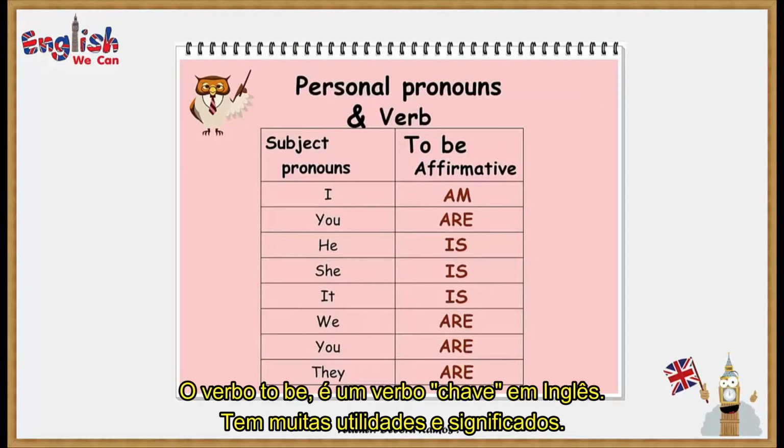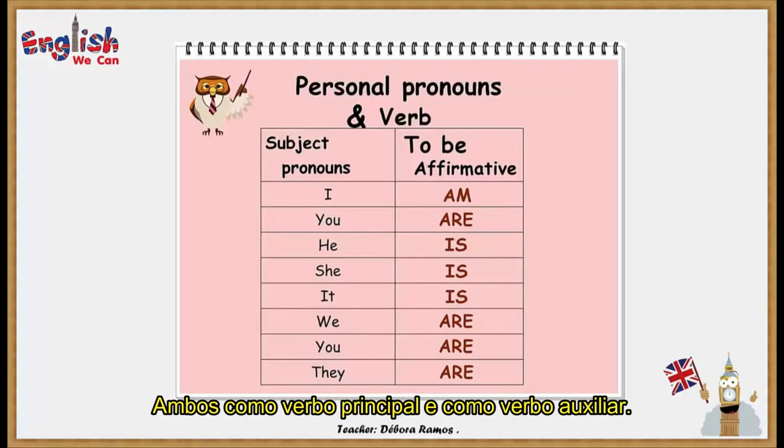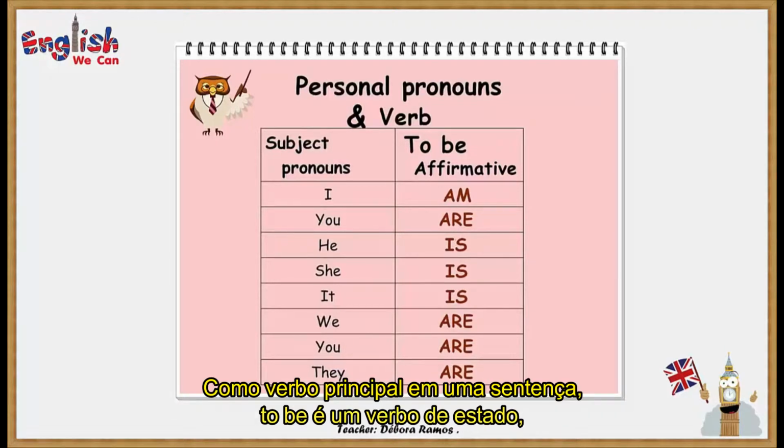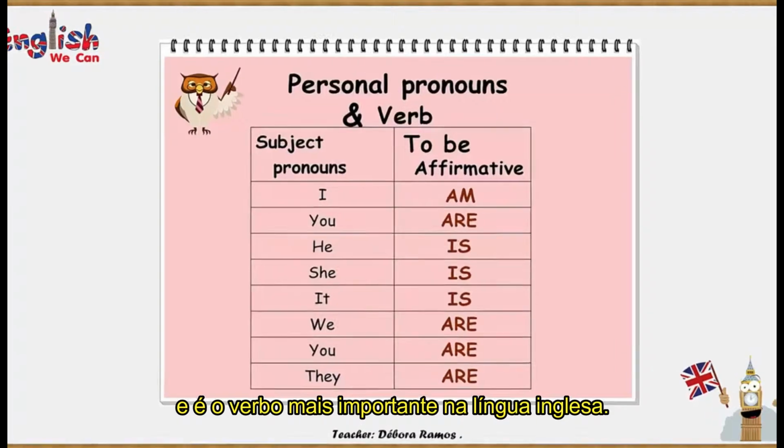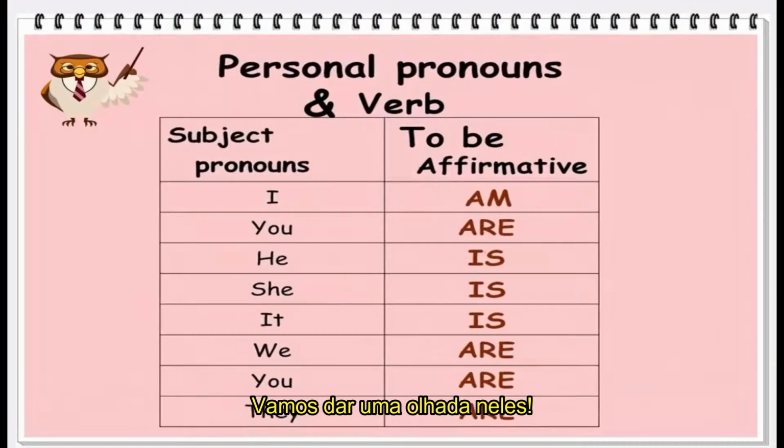The verb to be is a key verb in English. It has many usages and meanings, both as a main verb and as an auxiliary verb. As a main verb in a sentence, to be is a stative verb and is the most important verb in the English language. Let's take a look at them.